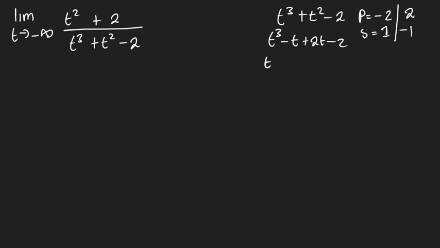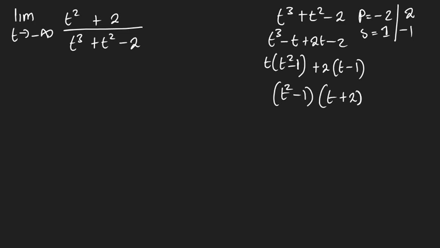What is common? t is common, then t^2 minus 1. Then 2 is common, then t minus 1. So we are going to have t minus 1, and then t plus 2.